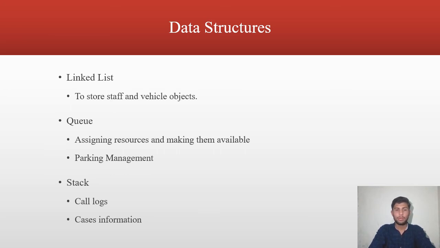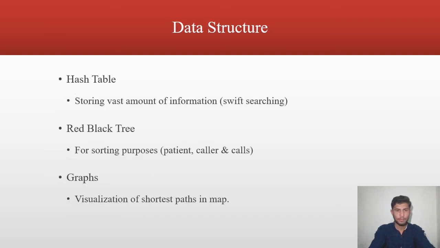For viewing recent call logs and recent case information, we are using a stack because of its last in, first out property. A hash table will be used for storing a vast amount of information as it helps with swift searching. A red-black tree will be used for sorting purposes like patient, caller and calls.